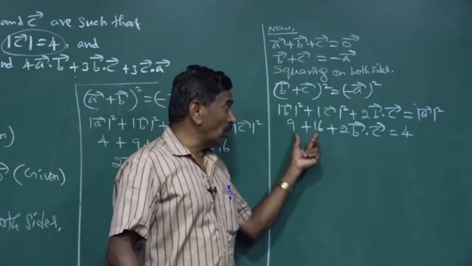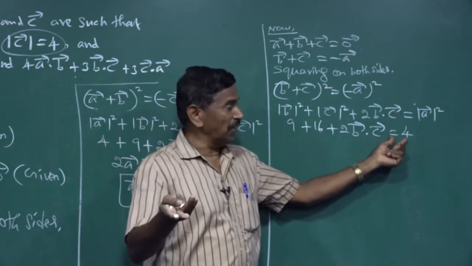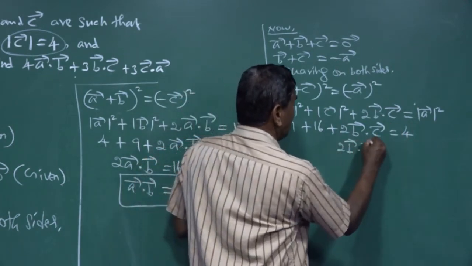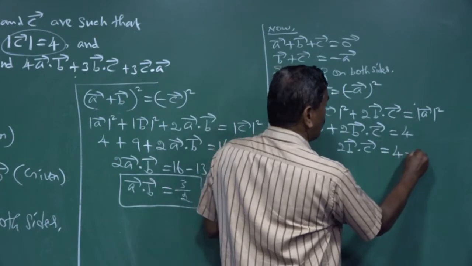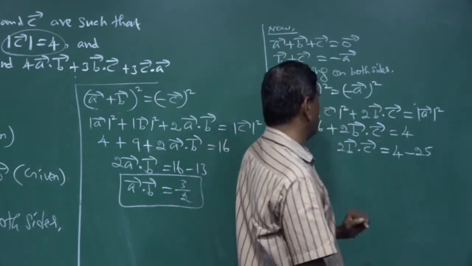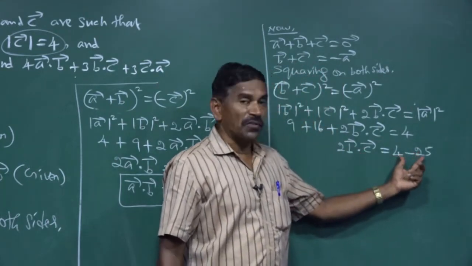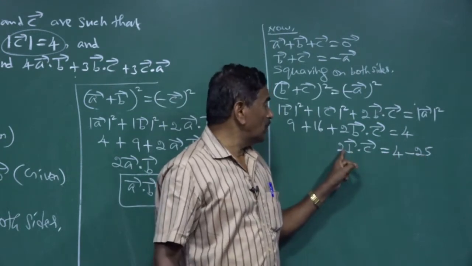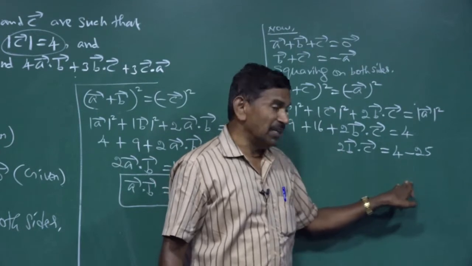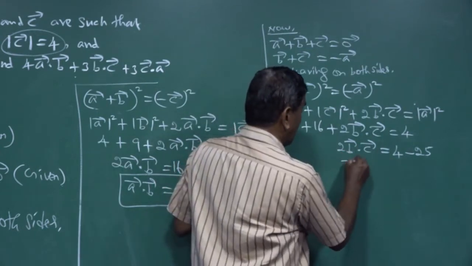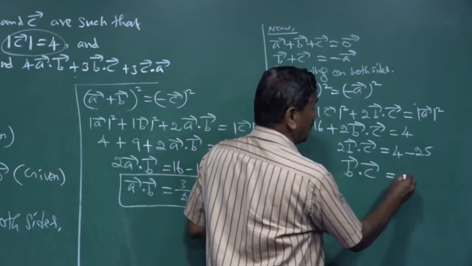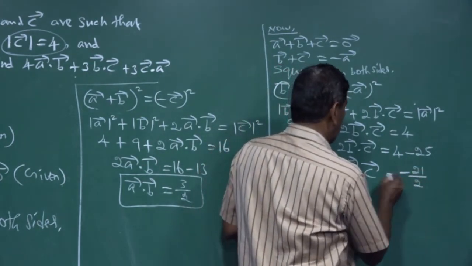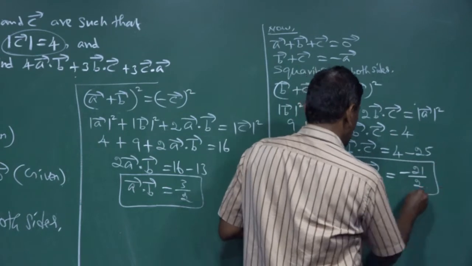So this plus 25 goes to right, it becomes minus 25. That means 2 B vector dot C vector is equal to 4 minus 25, which is minus 21. And 2 goes to right, it becomes divided. So B vector dot C vector is equal to minus 21 by 2, which is result 2.